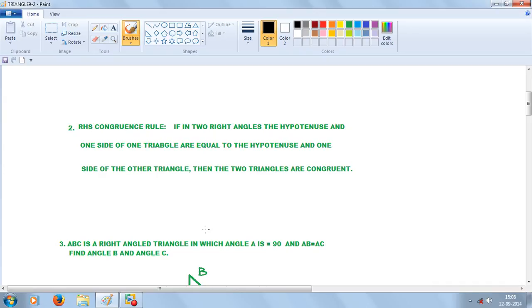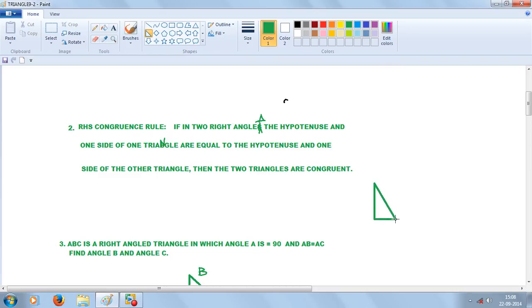If in a right triangle... Okay, so what exactly does it say?